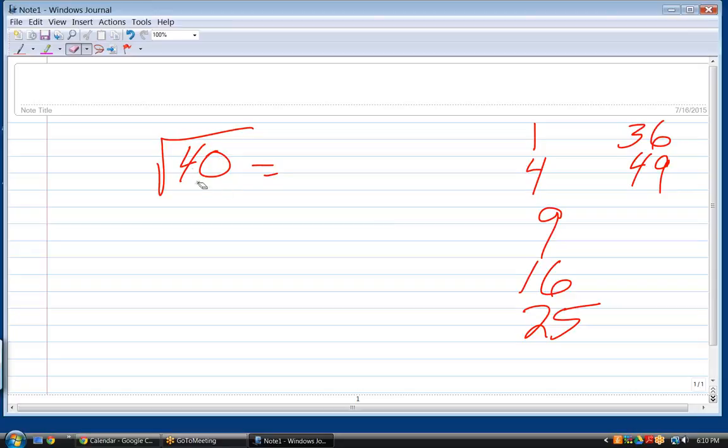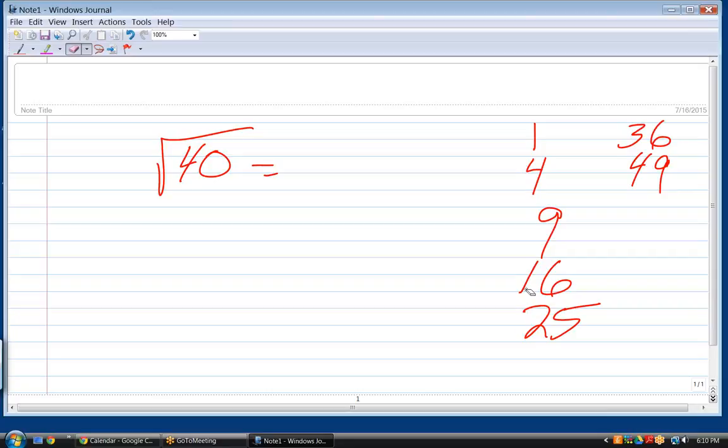So when we're looking to factor 40, we want one of them to be one of these numbers. Well, which one is the only one that works? 49 is not a factor of 40.